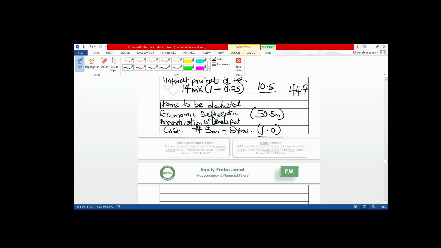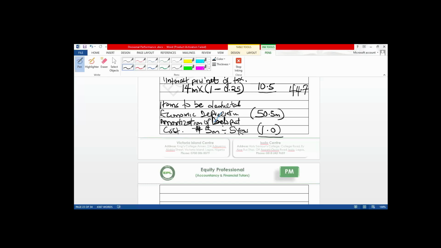One is that in year 2020, we didn't incur development costs. No research and development cost was incurred in year 2020. That cost was incurred in year 2019. That was why we didn't add it back to 2020 profits.